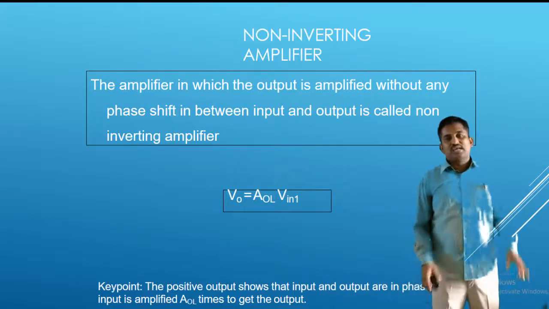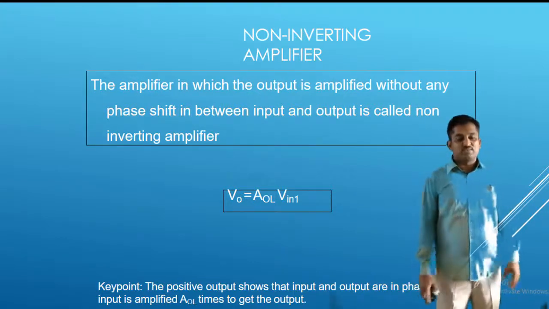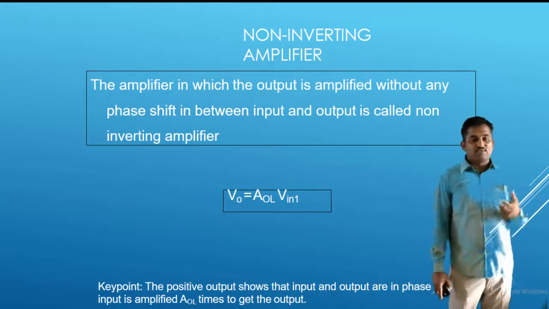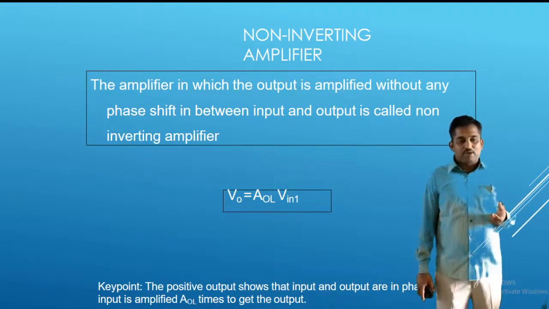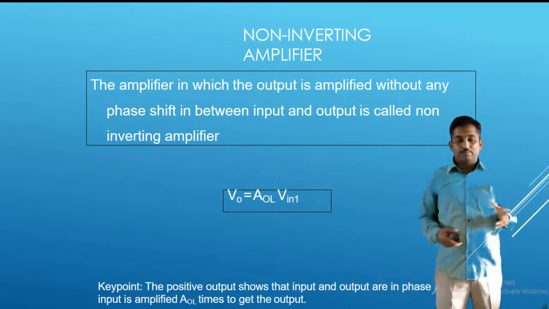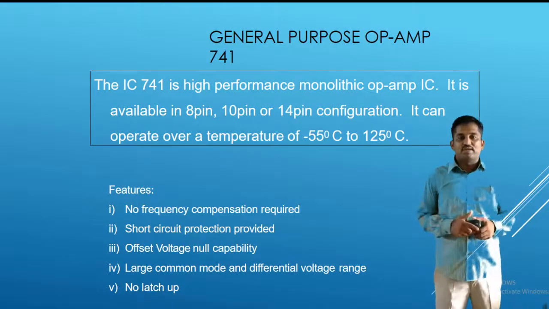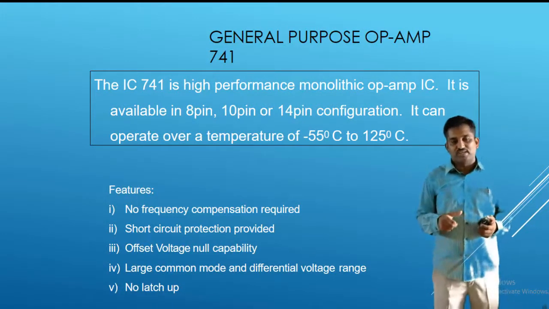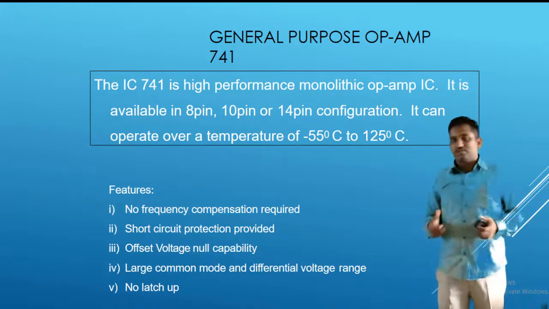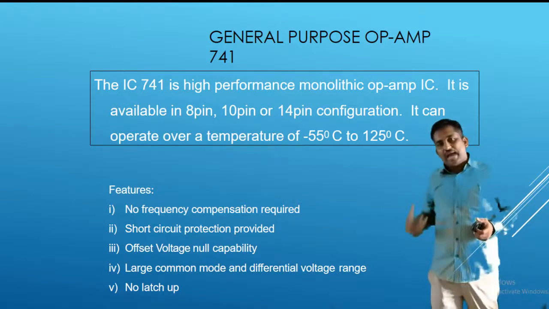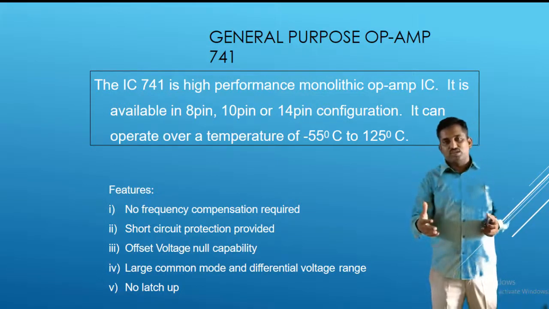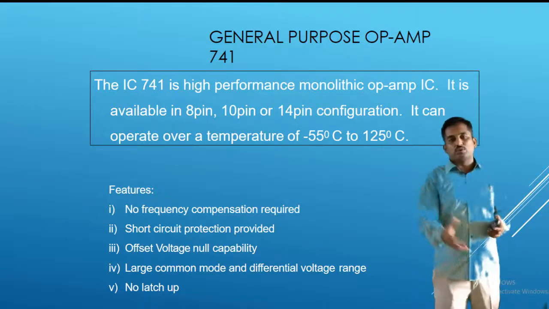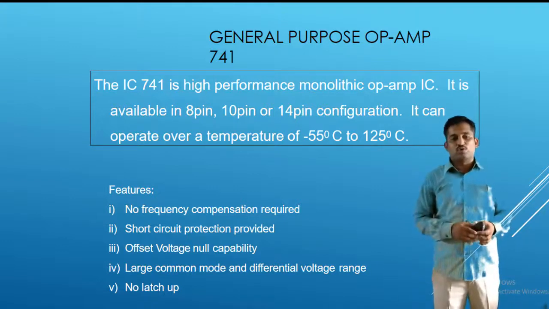Next, general features of the IC741 op-amp. IC741 is a high performance monolithic op-amp IC. It is available in 8 pin, 10 pin or 14 pin, and it can be operated over a temperature range of minus 55 degrees centigrade to plus 125 degrees centigrade. Even in our engineering labs, we are going to use this IC741 op-amp.